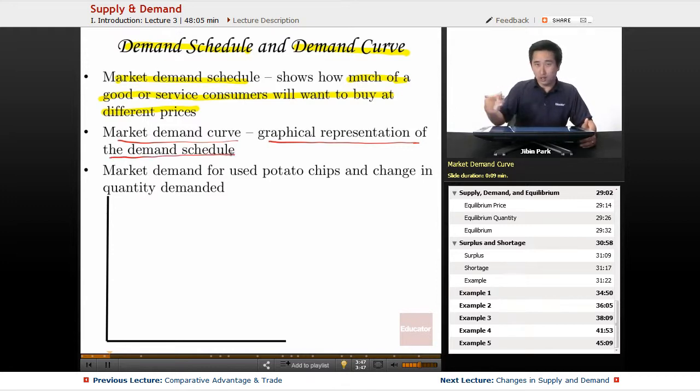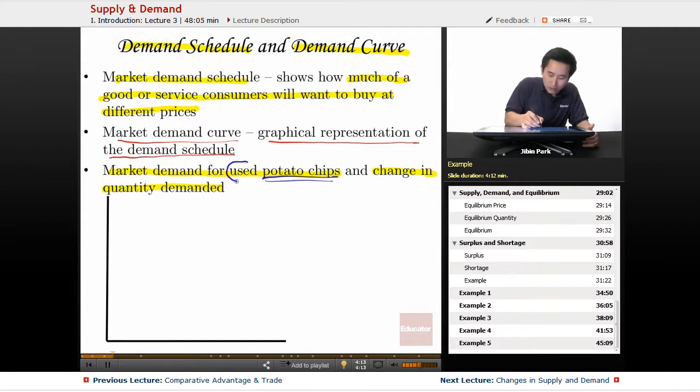What we're going to do here, with a very simple example, is give a market demand for used potato chips and a change in quantity demanded, right? In this case, used potato chips. I actually intended to say regular potato chips here, but let's go with used potato chips.